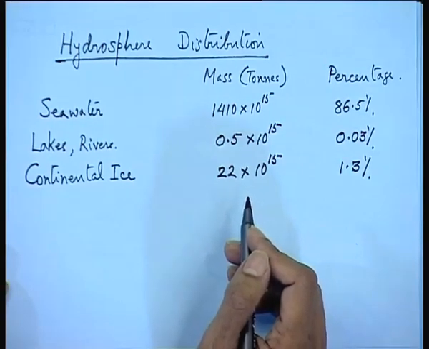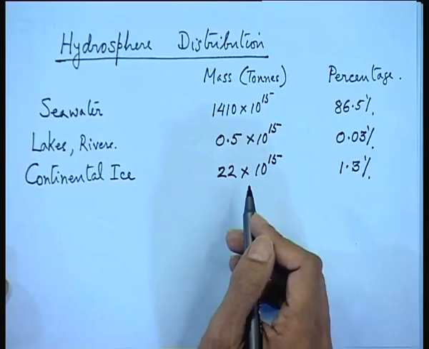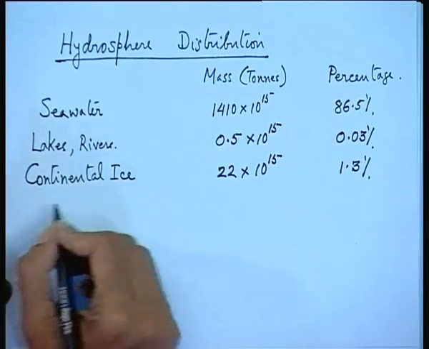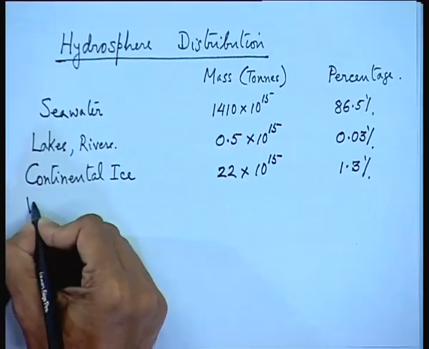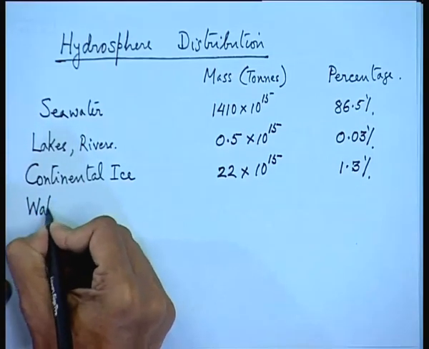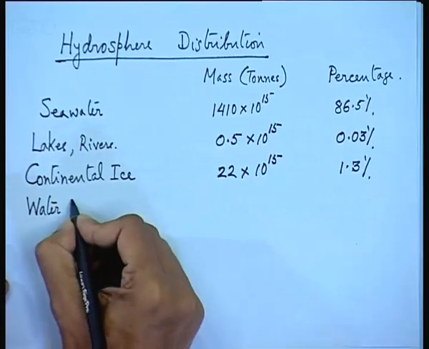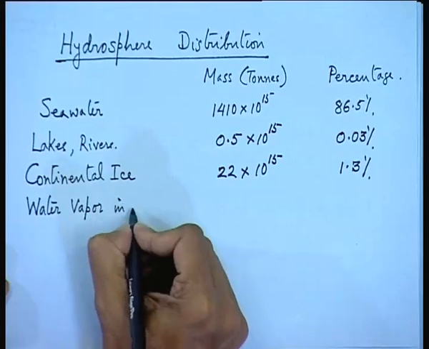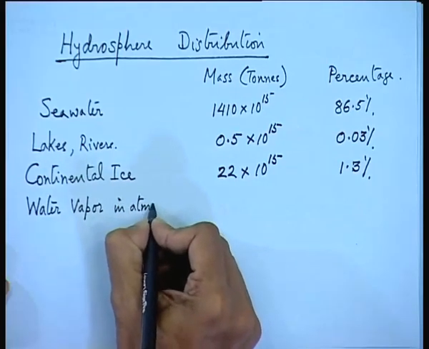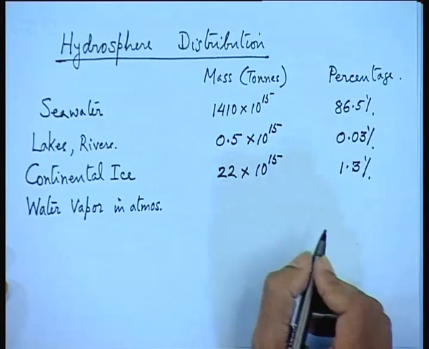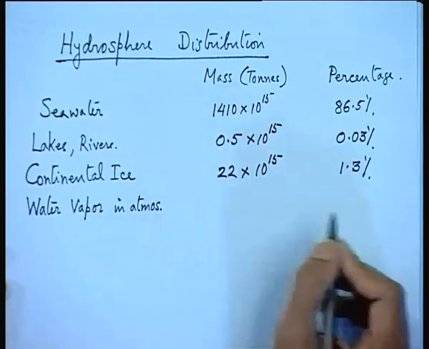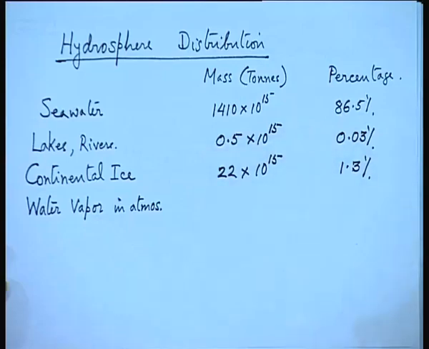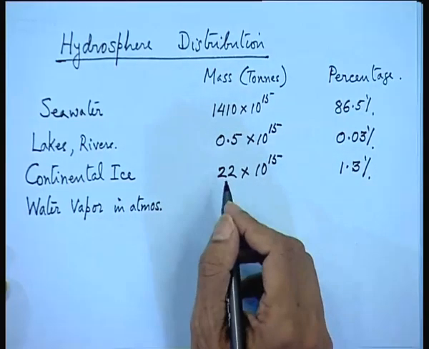Next, after continental ice, one comes across the water vapor in the atmosphere. The atmosphere, besides air, has water vapor, and if the water vapor is saturated, then of course there is precipitation or rainfall.